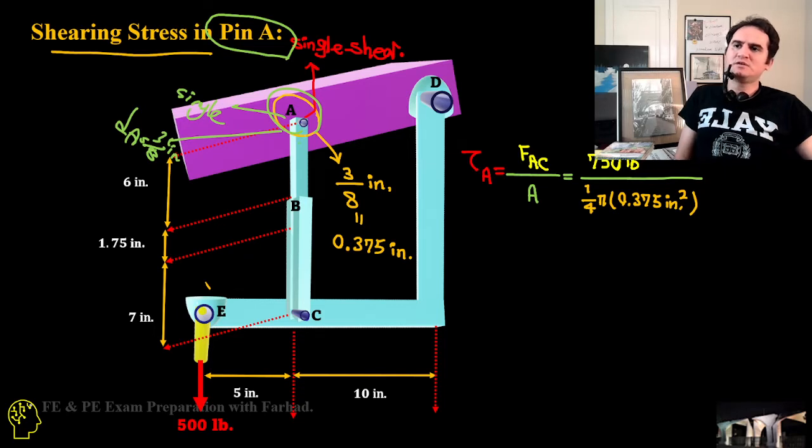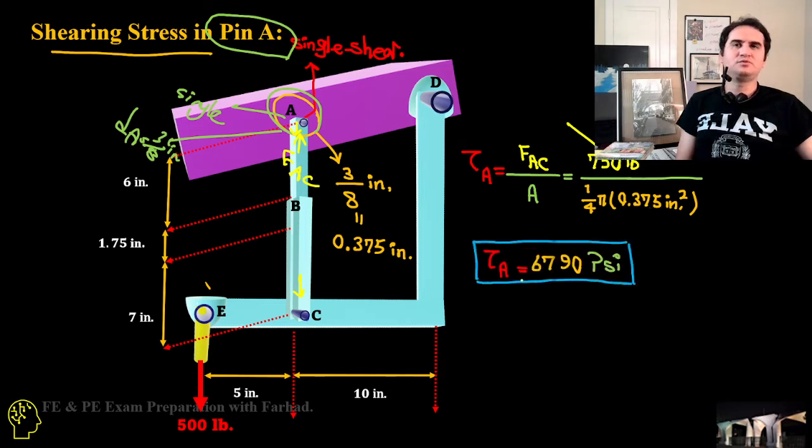The tensile force pulls the link and at the same time pulls the pin as well, so there is a shear on the pin due to the same force of AC. That's 750 pounds over pi/4 times 3/8 inches squared. If you do the math, it gives you almost 7,000 psi, or 6790 psi.